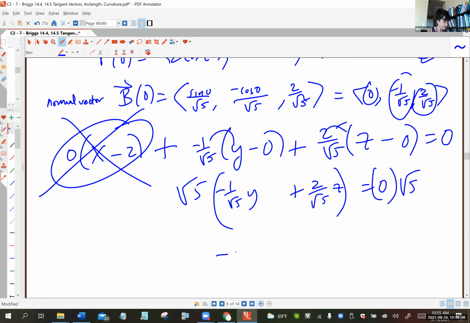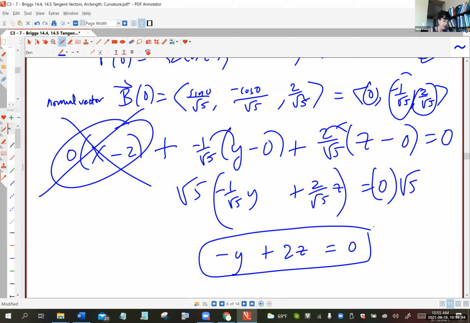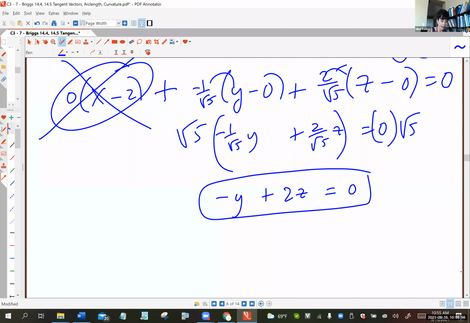Totally legal. And then we get our equation for the plane. This is known as the osculating plane. And that's the plane that contains both T and N at time t equals 0. Pretty cool.